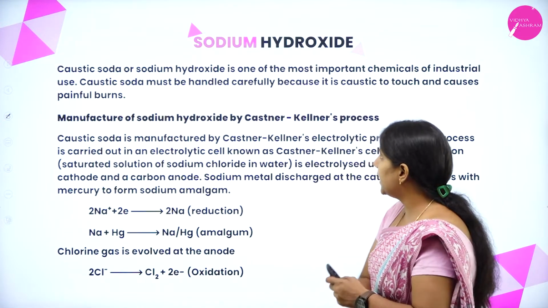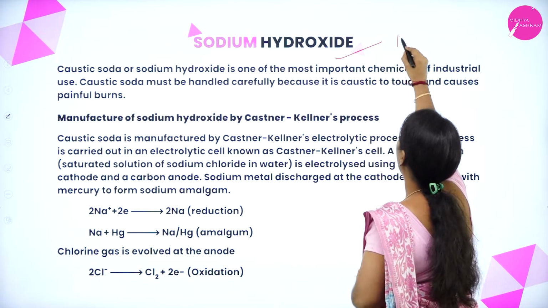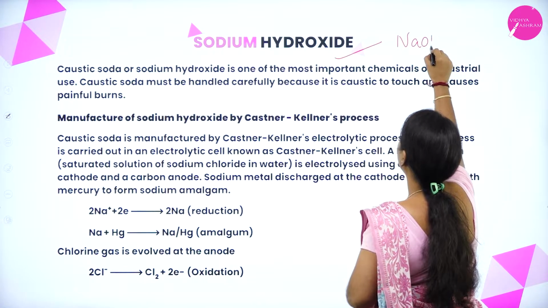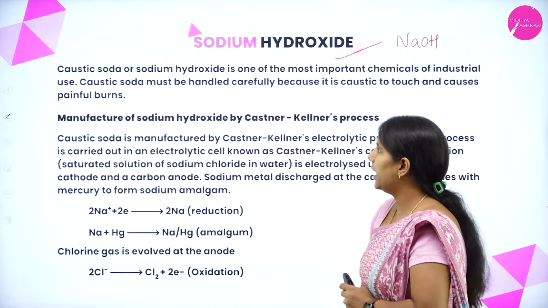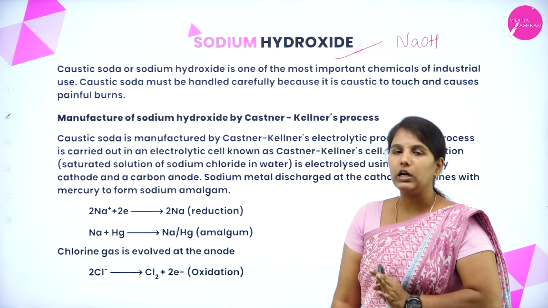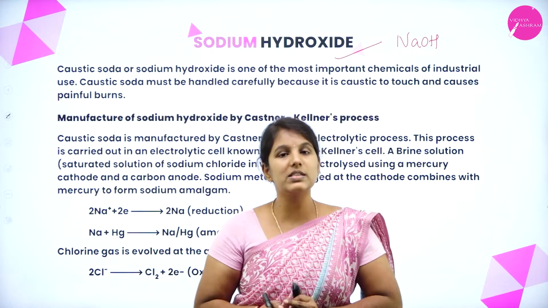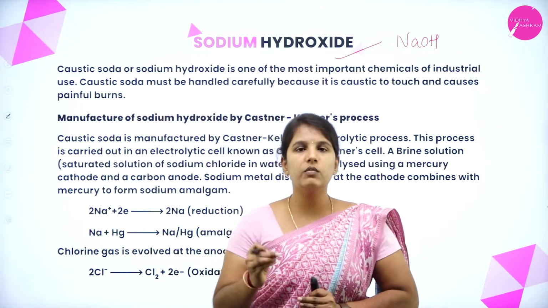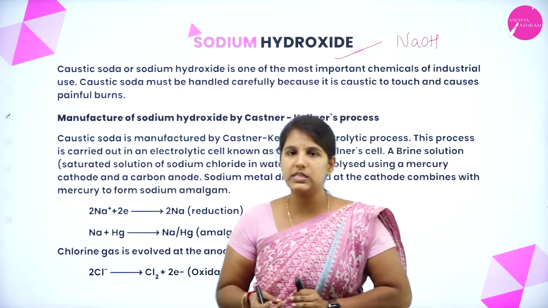Next, another important compound is sodium hydroxide, represented as NaOH. It is also known as caustic soda. Why is it known as caustic soda? Because it has a corrosive effect. When we touch it with our fingers, it causes a burning sensation.